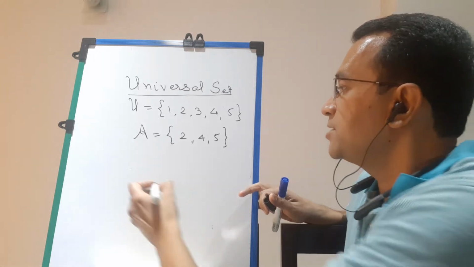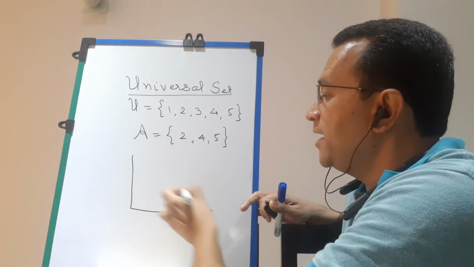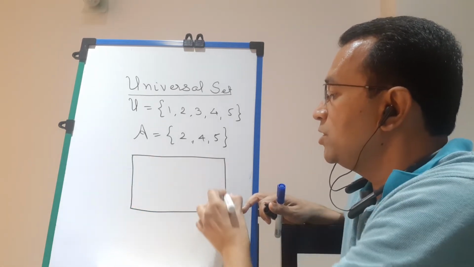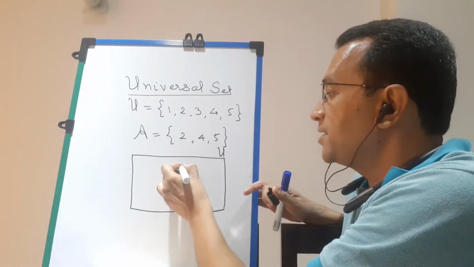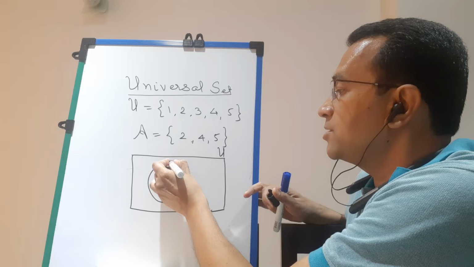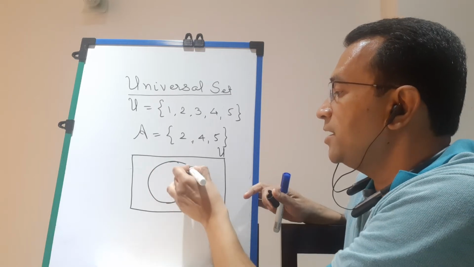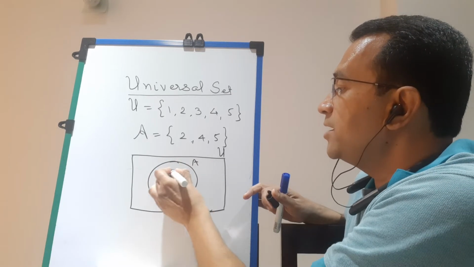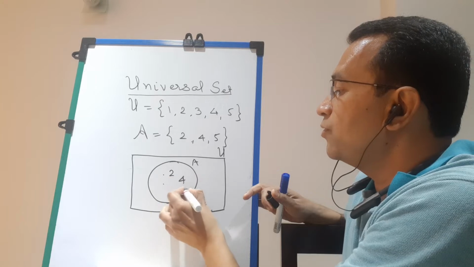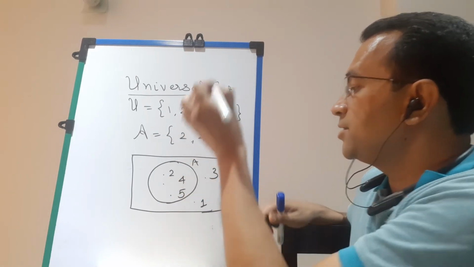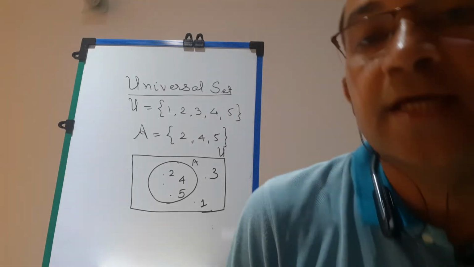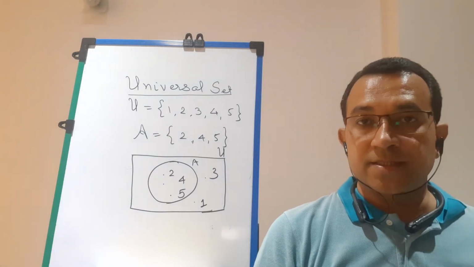If I want to represent this in the form of a Venn diagram, our universal set is denoted by a rectangle and a set is denoted by a circle. So this is set A. In set A we have elements 2, 4 and 5, and elements 1 and 3 are outside set A in the universal set.